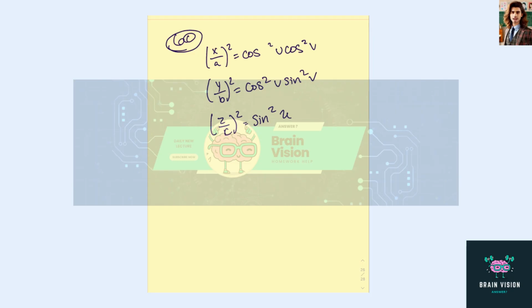So then ultimately what we'll get is that (x over a) squared plus (y over b) squared will end up giving us cosh squared u.